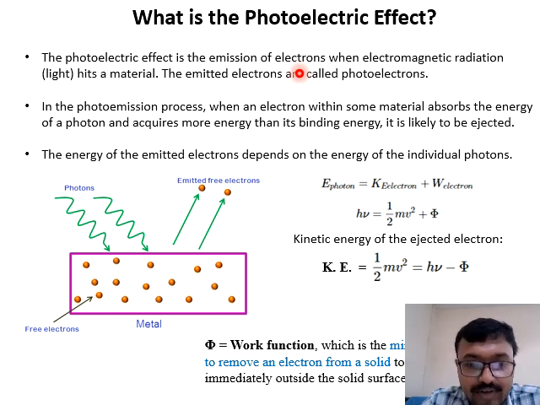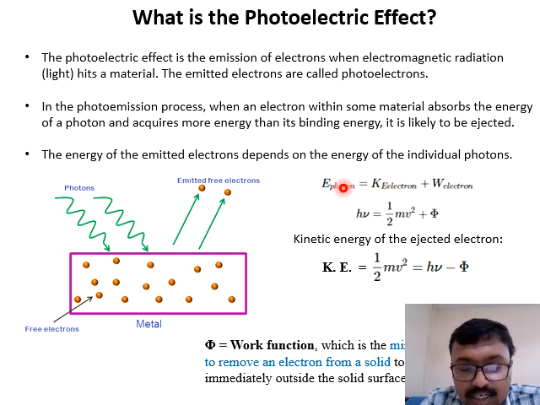In photoelectric effect, we have one equation. We know the principle of conservation of energy, right? So the amount of energy present in the incoming electromagnetic radiation will be distributed in the electrons.